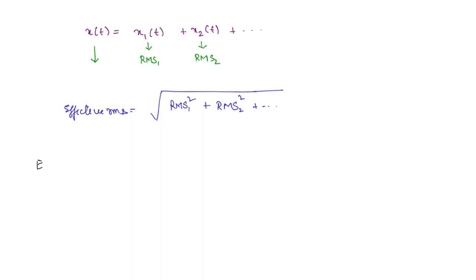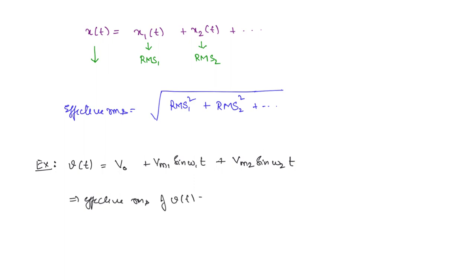For example, let us take a voltage function which has a constant value V0, plus Vm1 sine omega 1t, plus Vm2 sine omega 2t. Then what will be the effective RMS? The effective RMS, that means the RMS of V of t, is going to be the root over, what is the RMS value of V0 for a constant function?